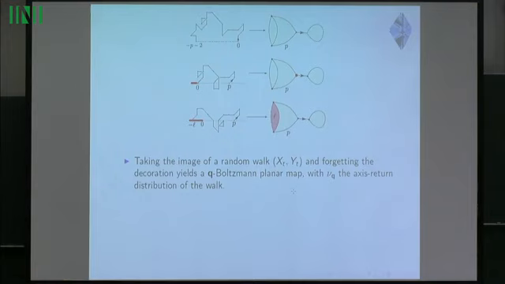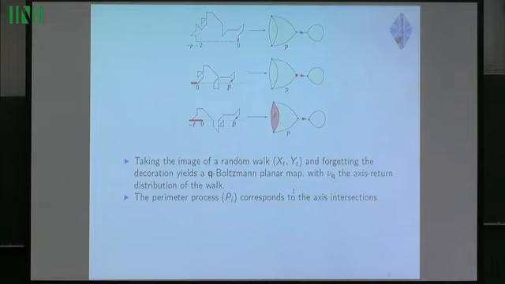It's not so hard to convince yourself that the probability distribution on this planar map is of the form of a Boltzmann planar map, with the weights associated to the faces corresponding roughly to the return probability of an excursion to the axis. So in fact, we get a Boltzmann planar map with a weight sequence Q that is given by its measure on the integers corresponding to the return distribution of the walk to the axis.